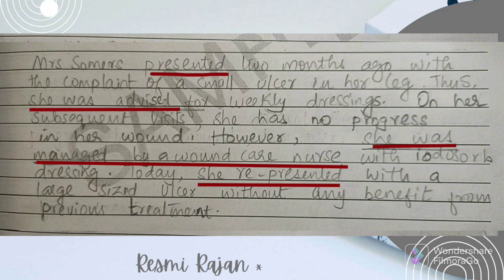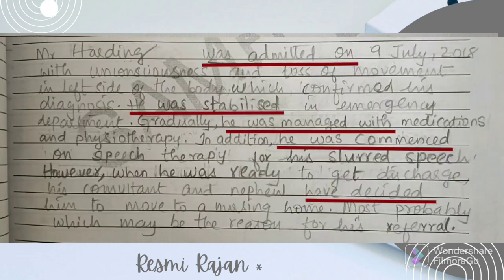Today, she represented with a large-sized ulcer without any benefit from previous treatment. Then another letter: Mr. Harding was admitted. You have to underline that passive voice. Was admitted on 9 July 2018 with unconsciousness and loss of movement in the left side of the body, which confirmed his diagnosis.